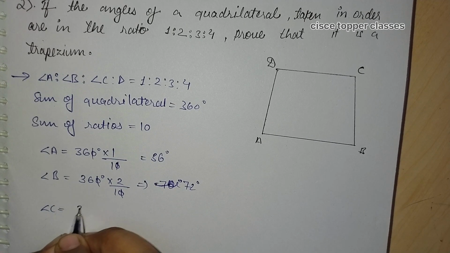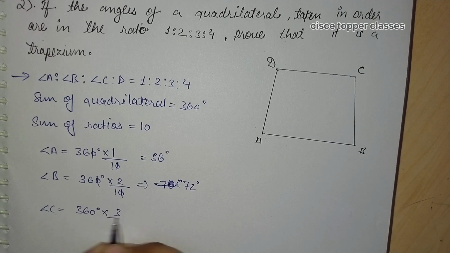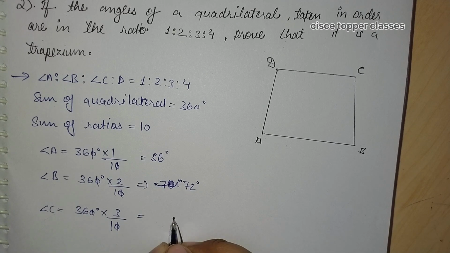And the angle C is equal to 360 into 3 divided by 10. Again this will be cancelled out and here it is 108.